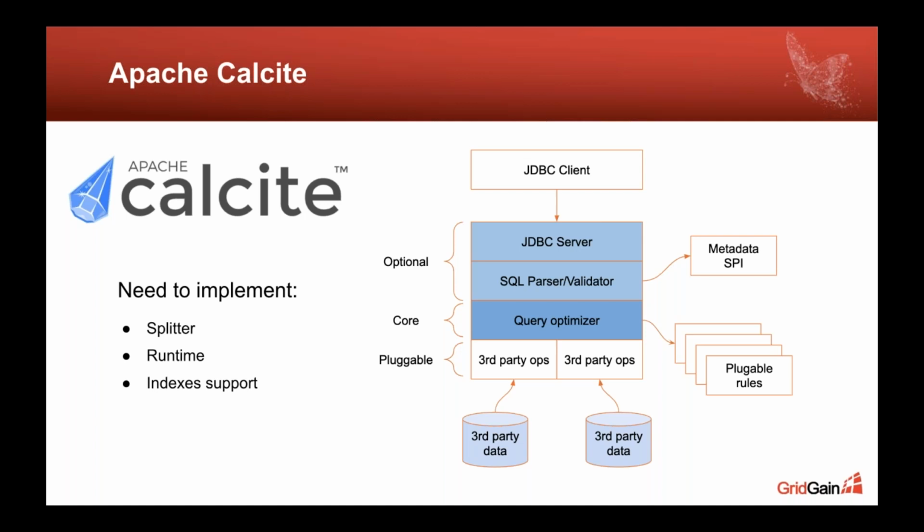They need index support because Apache Calcite was aimed at first to run analytic queries without indexes at all. Also, they need DML and DDL support, which they have in the H2 engine now.